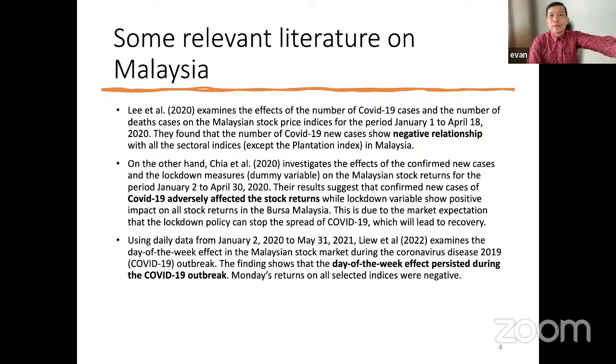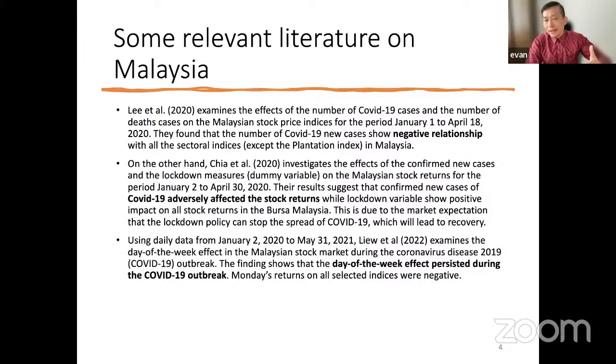And these are some relevant studies on Malaysia, especially related to the stock market, like Lee et al. 2020, Chia et al. 2020, and Liu et al. 2022. What I highlighted in bold shows that there's a negative relationship with COVID.